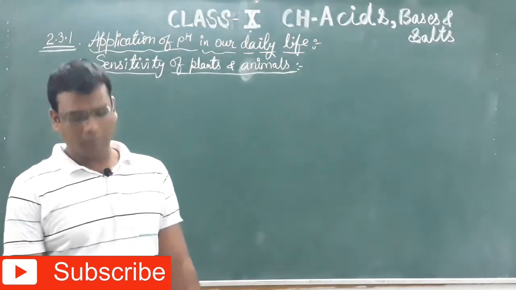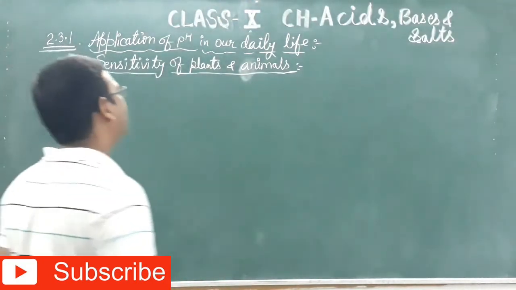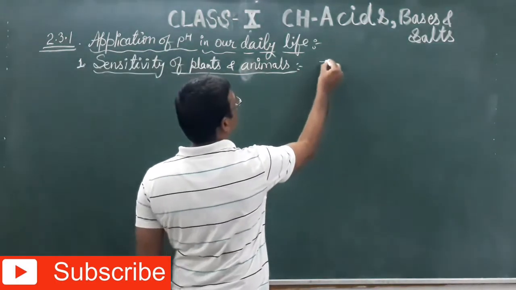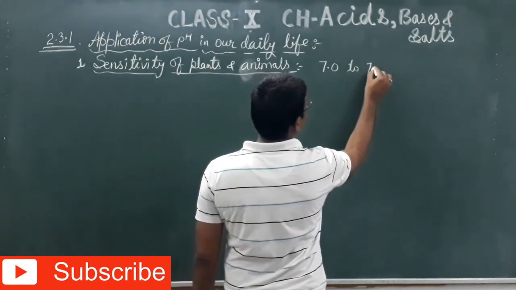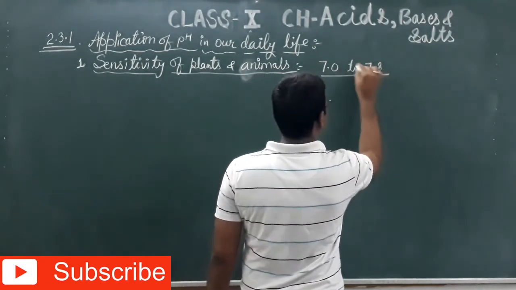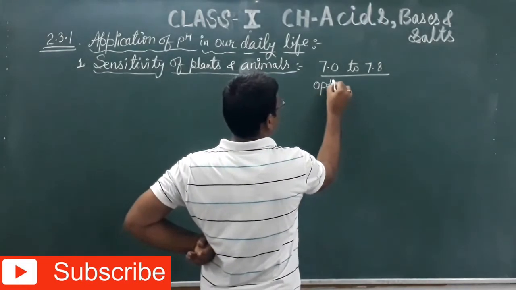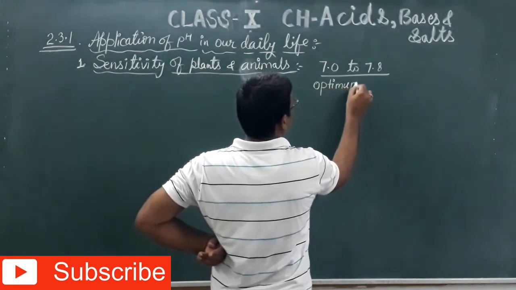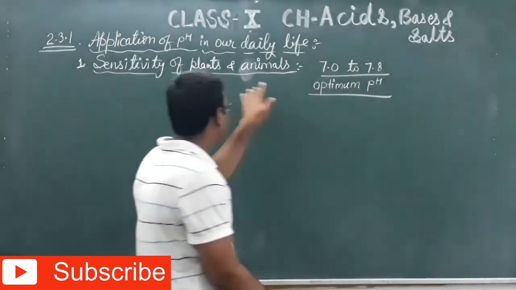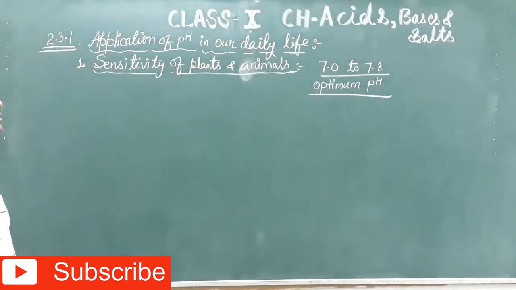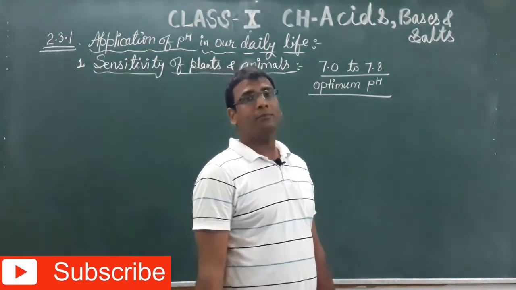Now, most of the plants and animals do very well in the pH range of 7.0 to 7.8. This is the optimum pH for most of the plants as well as animals, the habitable pH.